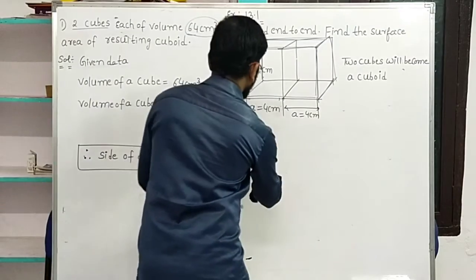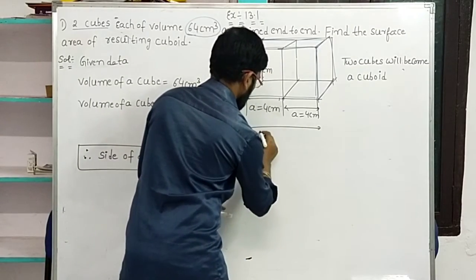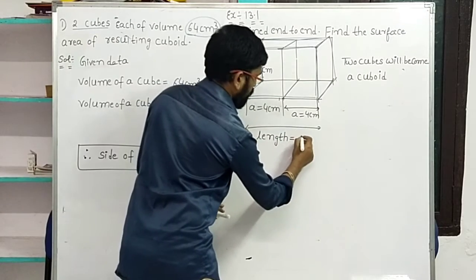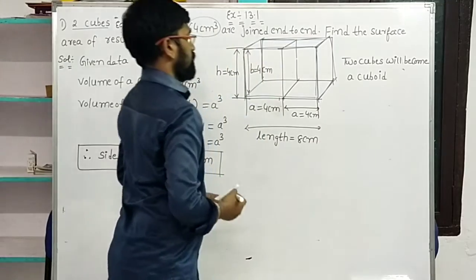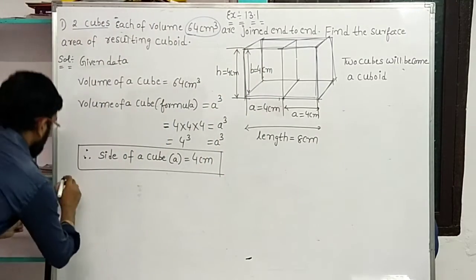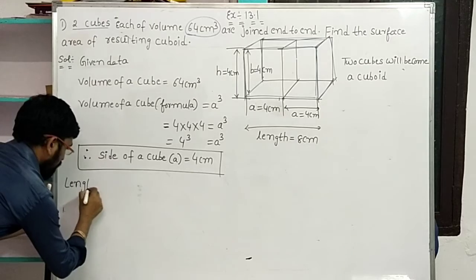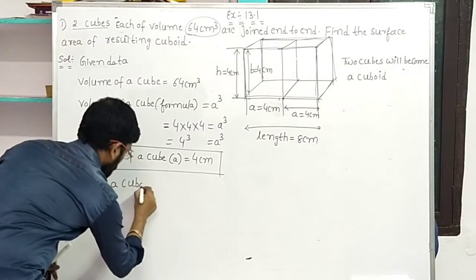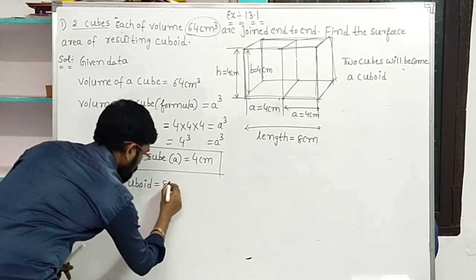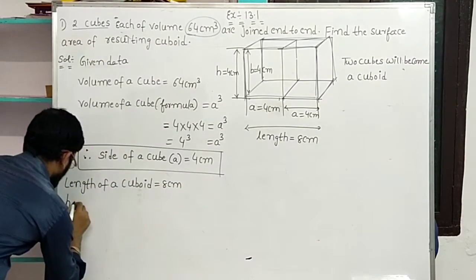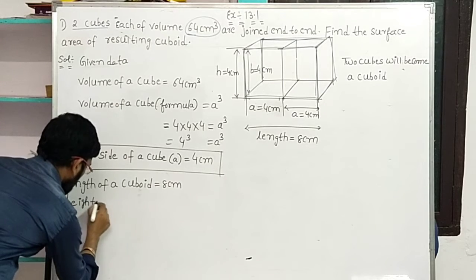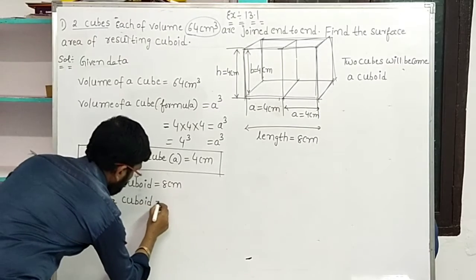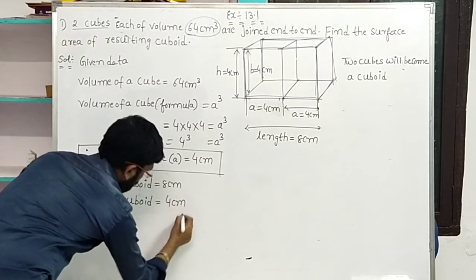So now for the cuboid, this is called the length. The length of the cuboid is equal to 4 plus 4, 8 centimeters. I'm writing here, length of a cuboid equals 8 centimeters. Height of a cuboid is equal to 4 centimeters.